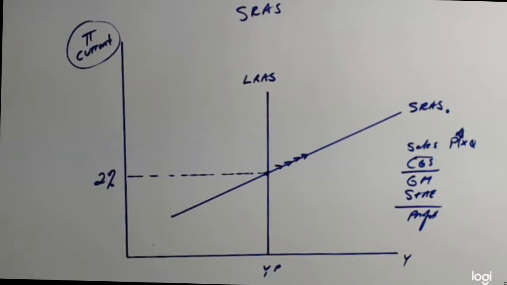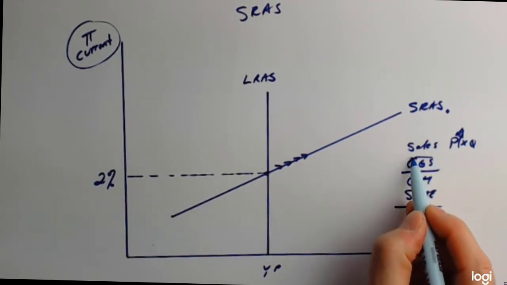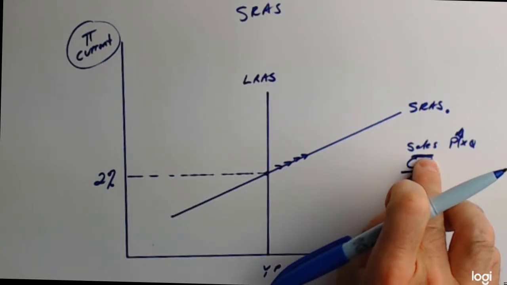And so over the short run, wage costs are sticky. And then rent, which often is contractual for a year or several years, doesn't change either for the most part.